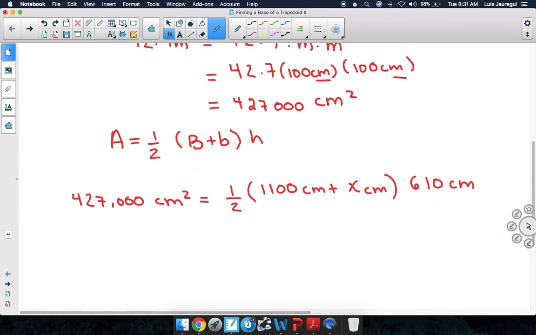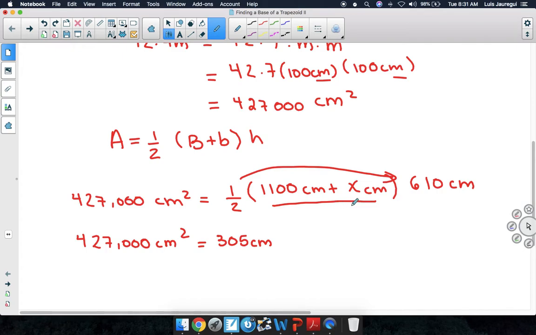Now let's see if we can simplify this any further. So on the left hand side, we're going to get 427,000 centimeters square. And if we multiply the 1/2 times the 610 centimeters, we're going to get that that's simply 305 centimeters. From the expression inside the parentheses, we're going to factor out the centimeters.